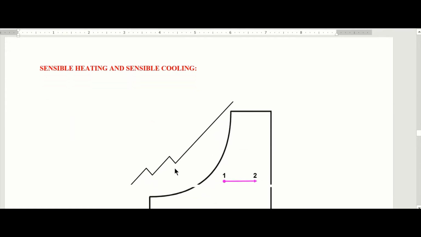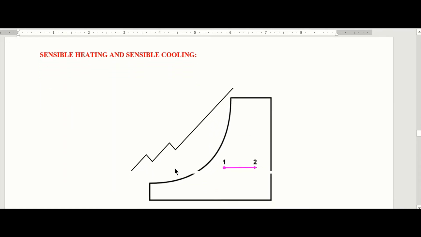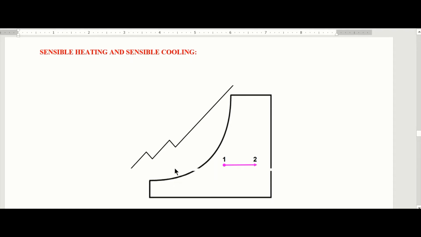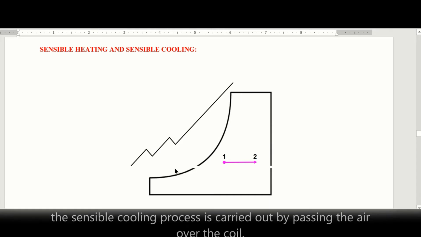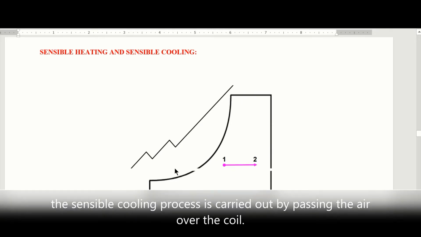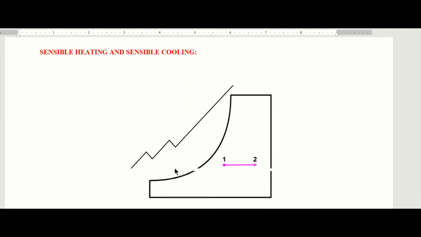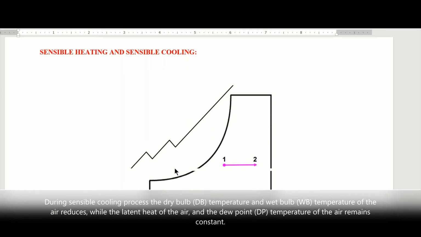So the first psychrometric process we shall be looking at is sensible heating and cooling. Now, what is sensible cooling? Sensible cooling is carried out by passing air over the coil. During the sensible cooling process, the dry bulb temperature and wet bulb temperature of the air reduce, while the latent heat of the air and the dew point temperature of the air remain constant.